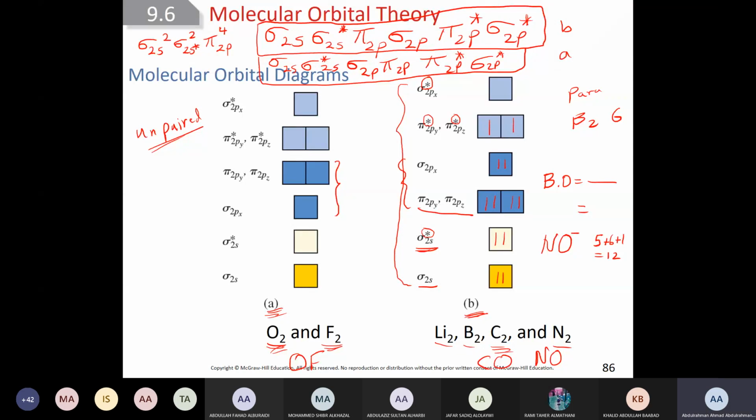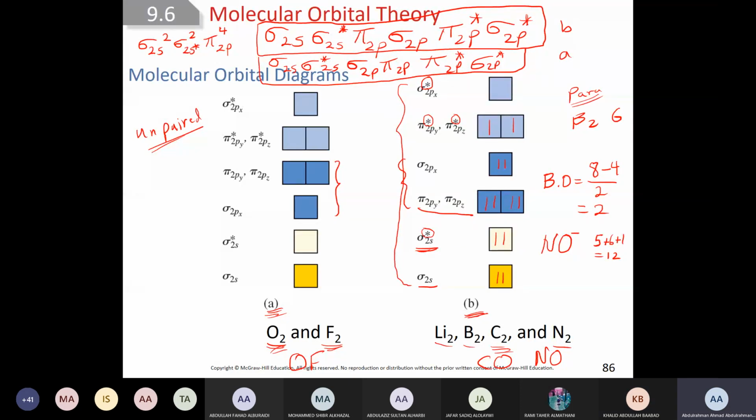What's the bond order? 8 minus 4, divided by 2, the answer is 2. Is it paramagnetic or diamagnetic? Para. Why? 2 unpaired electrons. Exactly, it's para.